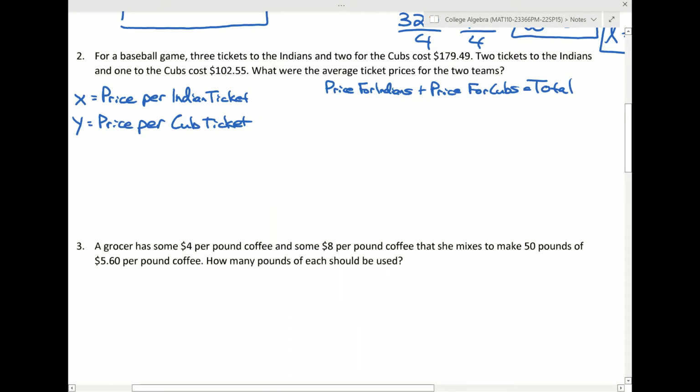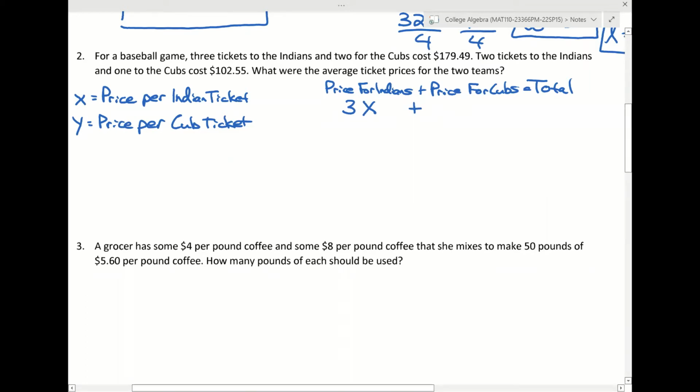For this first scenario, it says we have 3 Indian tickets. So the amount of money you spent for Indian tickets would be 3 times the price for the Indian tickets. If Indian tickets were $50, 3 times 50 would be $150. Plus, how much money did you spend for the Cubs?